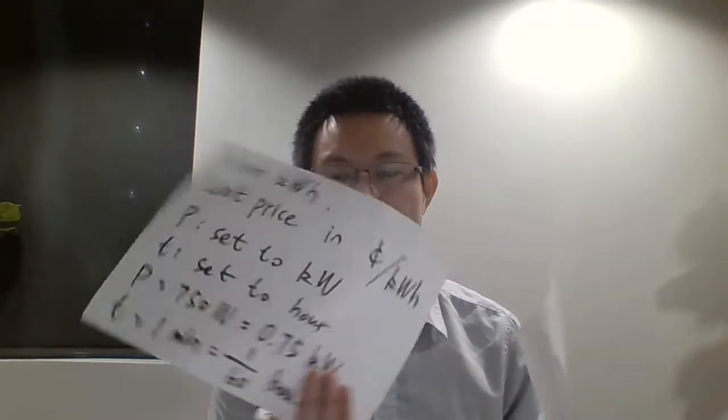Because that's 1/60 hours, so we multiply. So 0.75 over 60, how much is that? That's 5/4, which is 1.25.